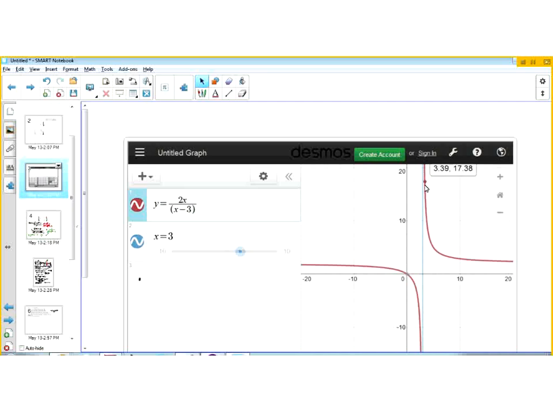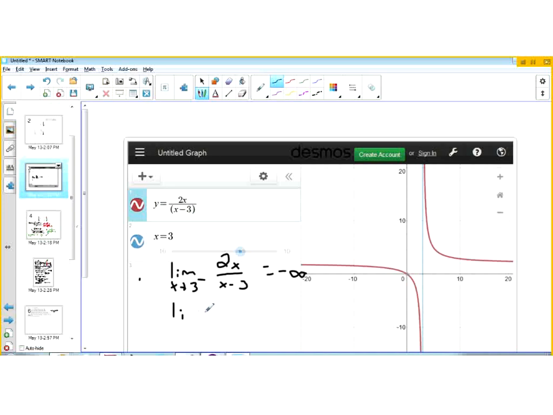My outputs are getting bigger and bigger. Eventually it shoots up toward infinity. So in this case, the left and right limits are not the same. And so an important takeaway is the limit as x approaches 3 from numbers smaller than 3 of 2x over x minus 3 is equal to minus infinity.